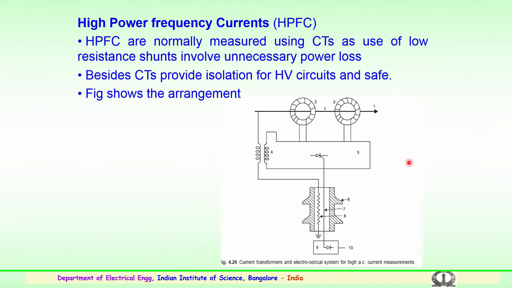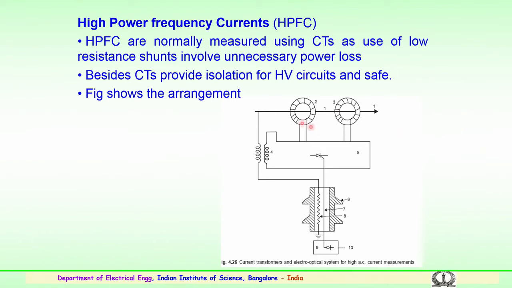For measurement of very high power frequency currents, the methods used are current transformers and an electro-optical system, as shown in the circuit here. The high power frequency currents are normally measured using CTs, as the use of low resistance shunts involves unnecessary power loss.